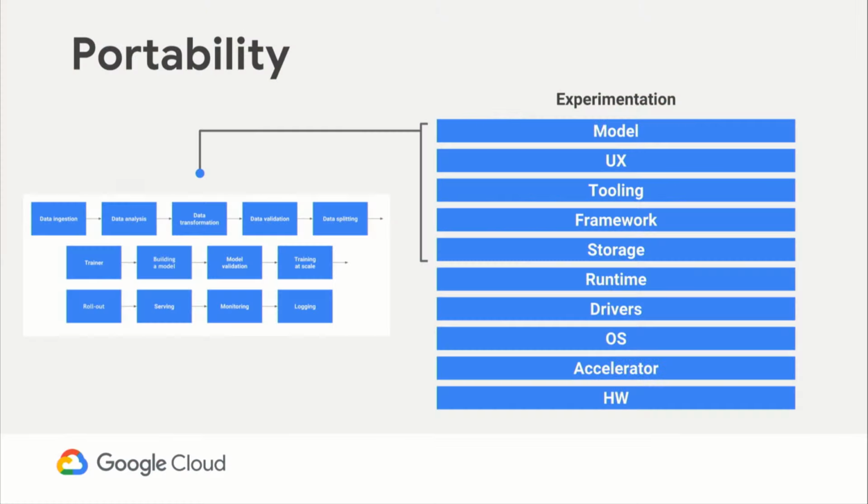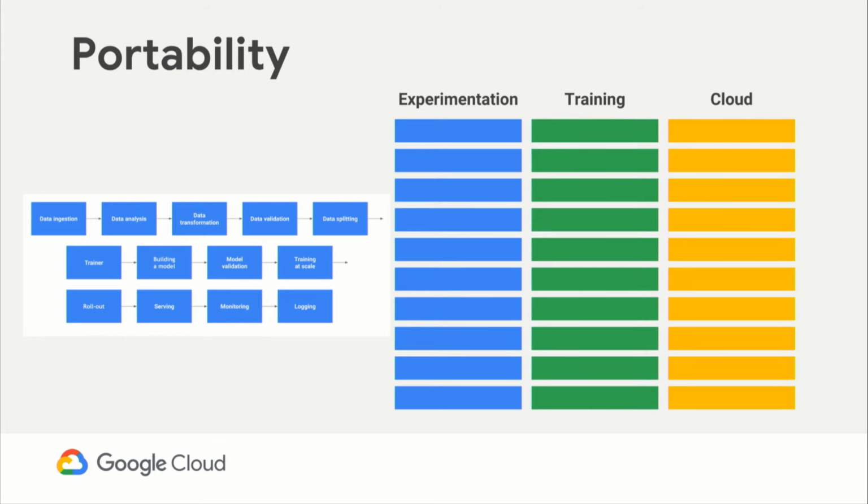Category two is around portability. So earlier we talked about all the steps involved in a machine learning framework, but even that is just the start. Then you start to talk about all the elements in your stack: OS, drivers, runtimes, so on and so forth. It gets very, very complicated. And to set up even one of these environments can be very challenging. Yet, the average data scientist often faces multiple of these.